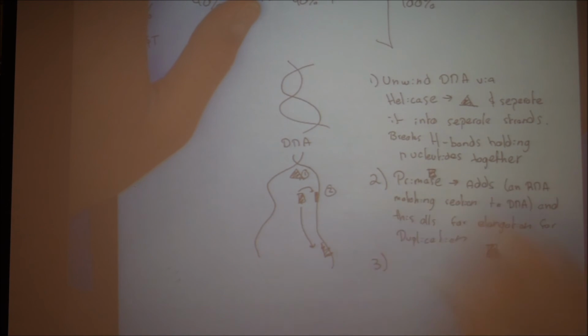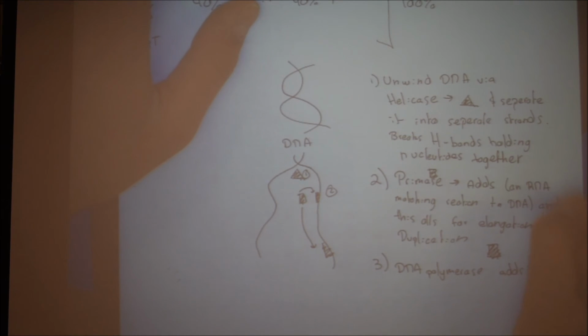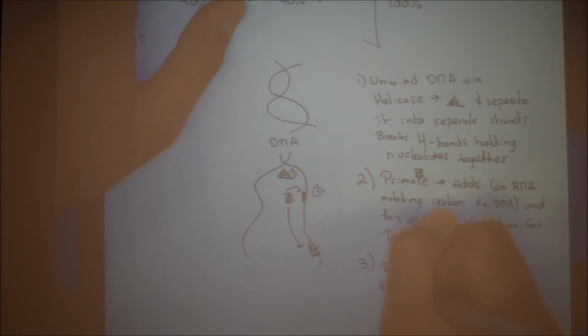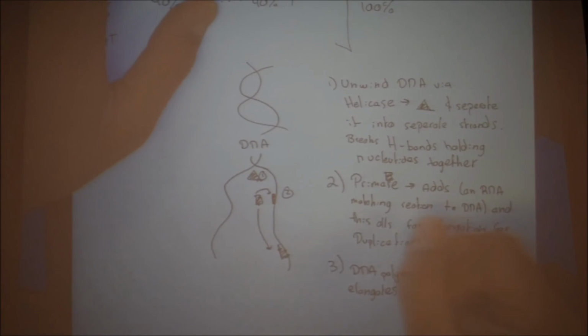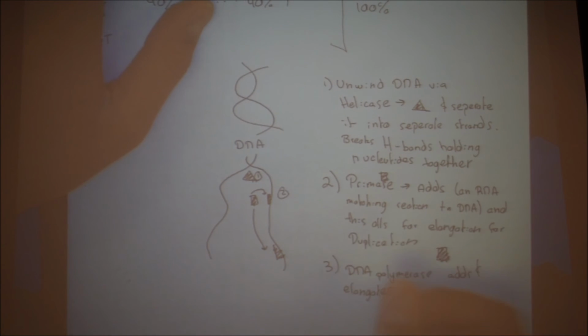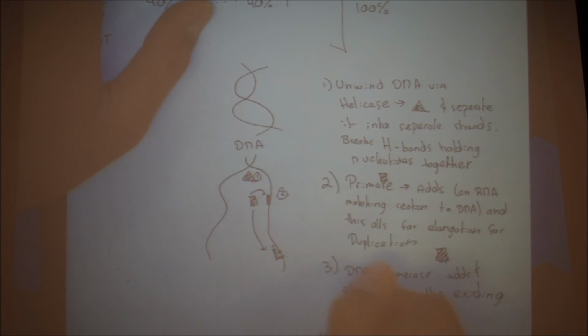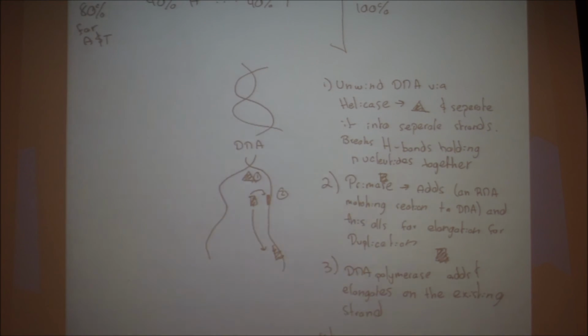So right here, 3, DNA polymerase adds and elongates on the existing strand.